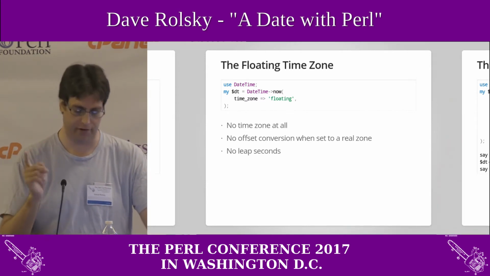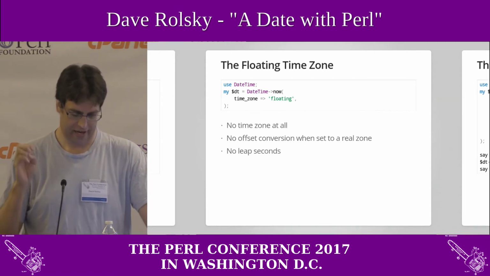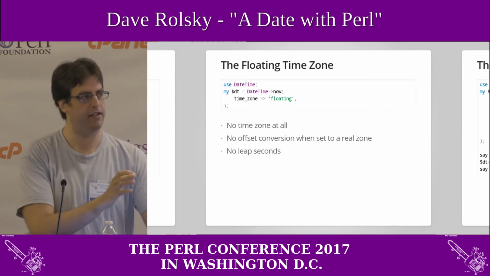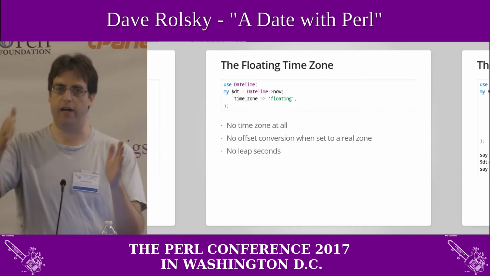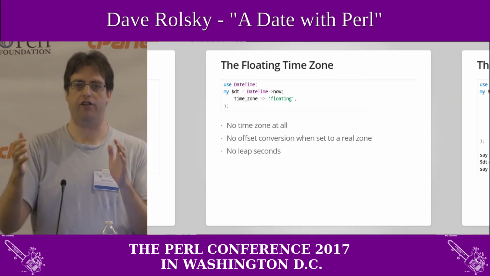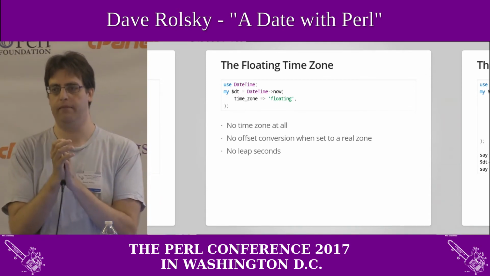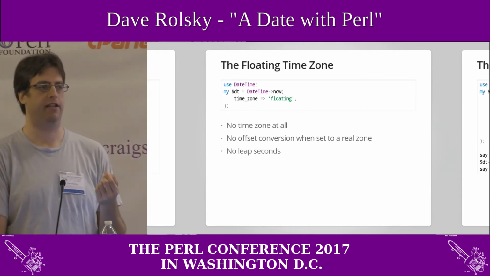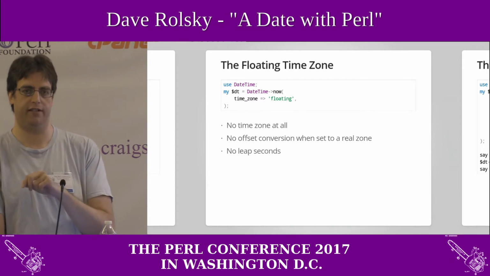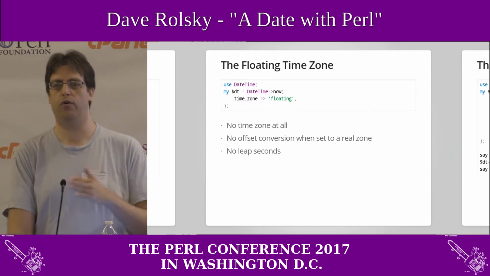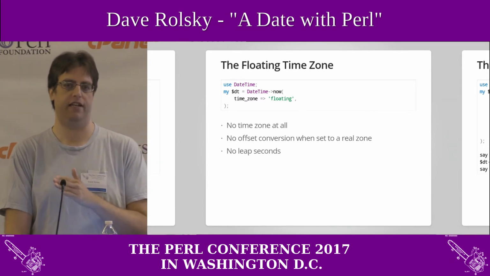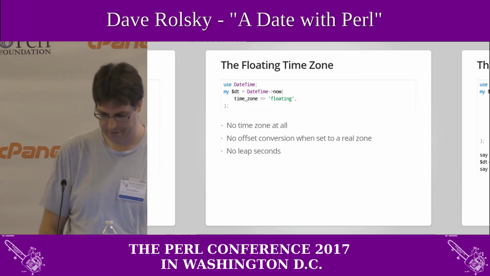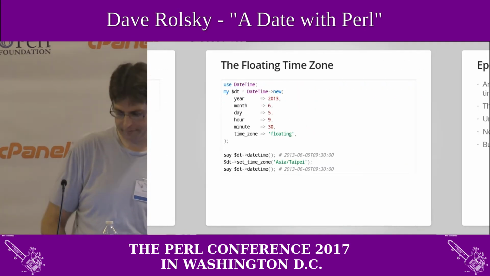And I don't care is a very valid answer. If you set a DateTime that's in the floating time zone to an actual time zone, it will not change the local time. Same going the other way. And it does not implement leap seconds, because leap seconds are tied to UTC. So you have to know your offset from UTC to know when a leap second is actually happening. But that actually can be a really good thing.